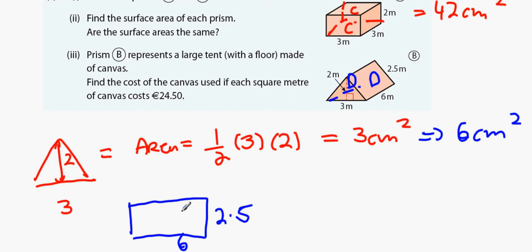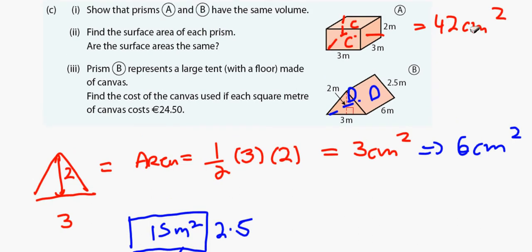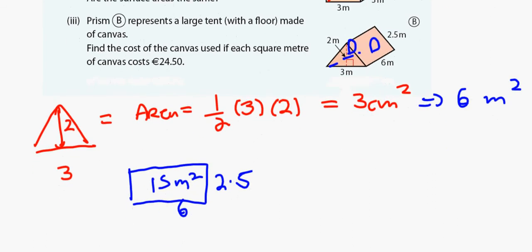Sorry, everything's in meters, so I've been getting my units wrong, which is a problem. Meters squared. Okay, so it's 15 meters squared. There's two of them, so that's going to make 30 meters squared. So once again, it's going to be 6 plus 30 meters squared.